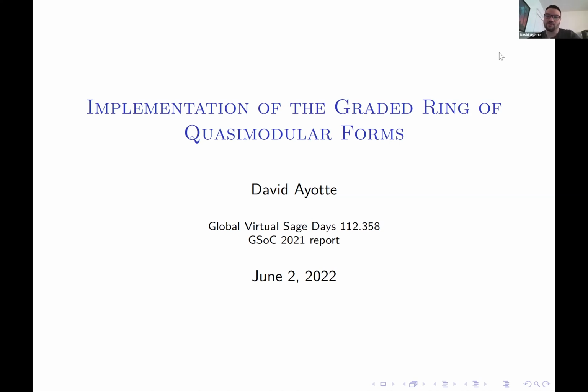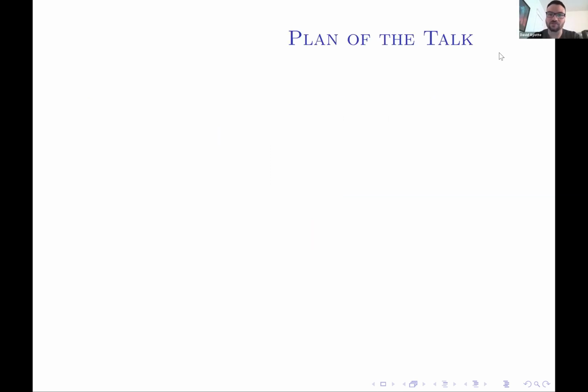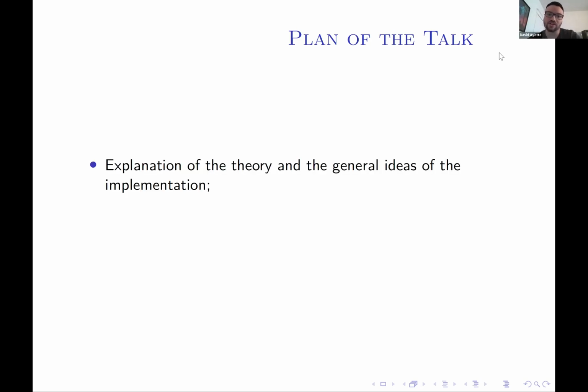For those who don't know modular forms or quasi-modular forms, don't worry, I will give a quick recap. My talk is basically divided in two parts. The first part is an explanation of the theory and the general ideas of the implementation. And the second part is a Jupyter notebook that I've prepared, so we can see the implementation in action.